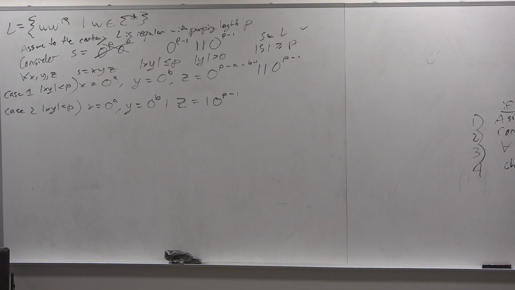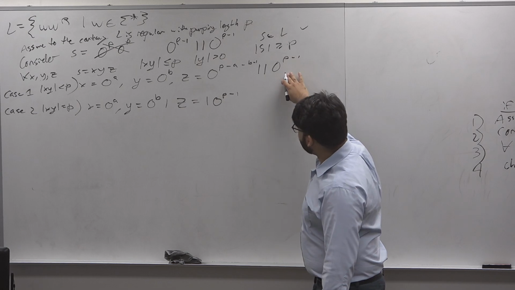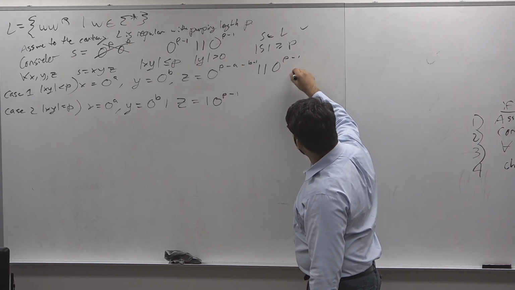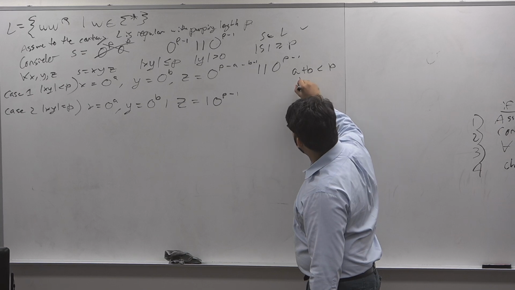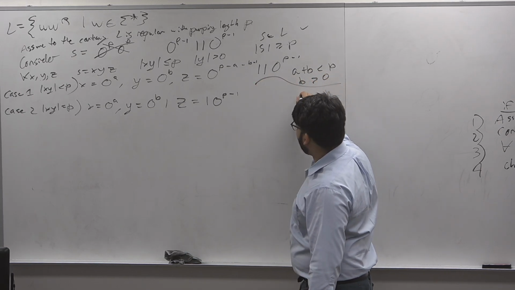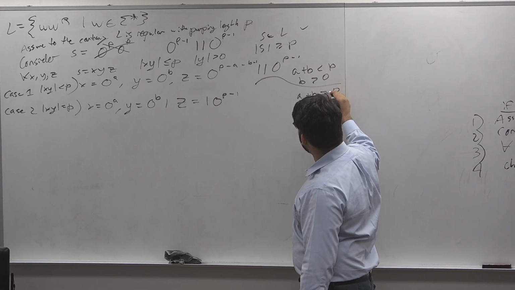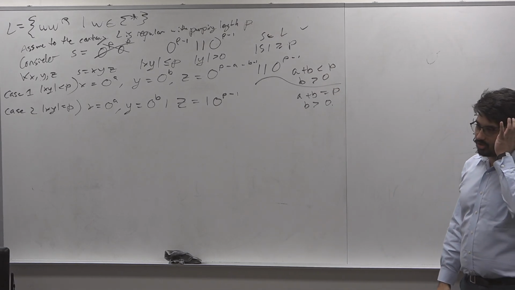Check me on that. Any issues with that? What are the conditions here? Here the conditions are that A plus B must be less than P and B exceeds 0. Here the conditions are A plus B is equal to P and B exceeds 0. Right? Those are the two cases.